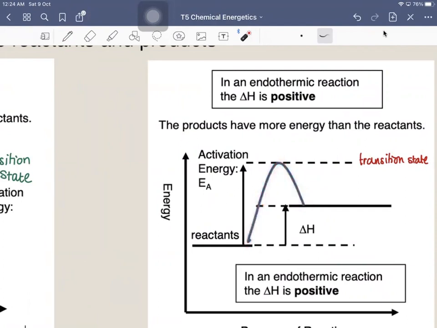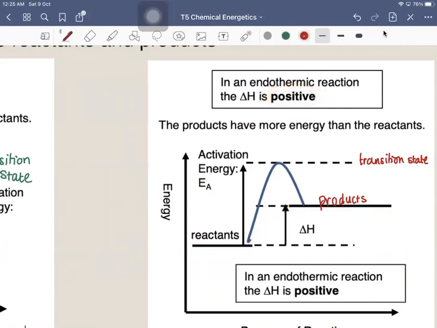This is the energy of your products, which is missing, I believe, in your diagram. You can see that the energy of the reactants is lower than the energy of the products, or we say the enthalpy of the reactants is lower than the enthalpy of the products. The energy is going up, increasing, therefore the delta H is positive.